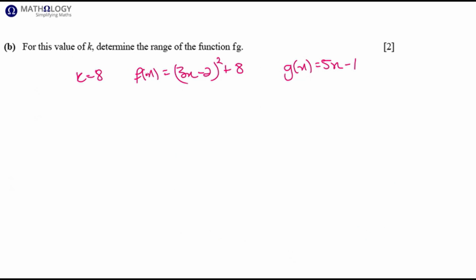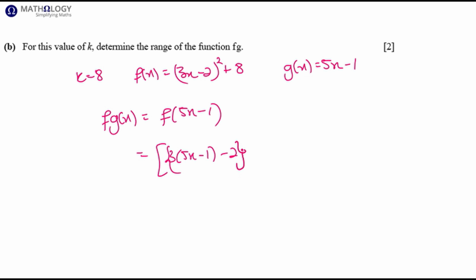For this value of k, determine the range of the function f of g. So f of g of x will be f of 5x minus 1. So that will be 3 times (5x minus 1) minus 2, all squared, plus 8.